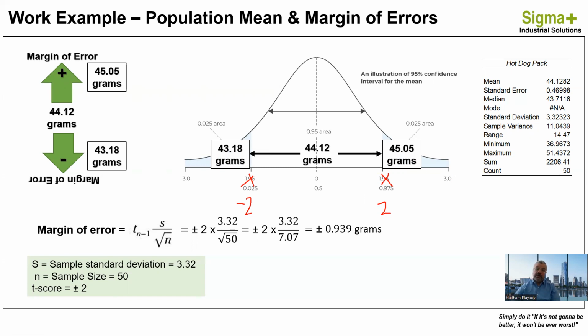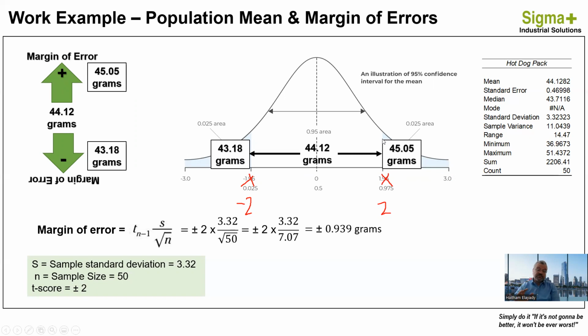Okay, refreshing again, what do we mean by the confidence level of 95%? It means that assume that you are going to collect 100 different samples at different times in that period of time. 95 of the samples will have an average value dropping in between 43.18 grams and 45 grams.